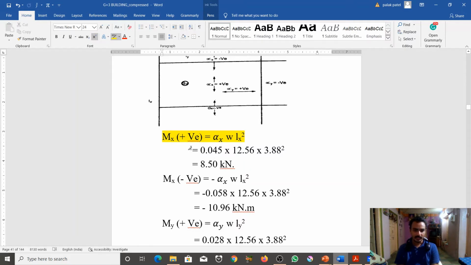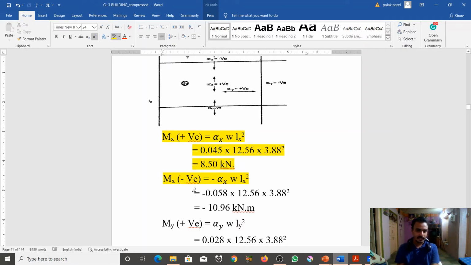So Mx is equal to, alpha X is 0.045, w is 12.56, factored load which we calculated, Lx 3.88 whole square. So Mx is 8.50 kilonewton meter, where Mx is positive, so it means at mid span.